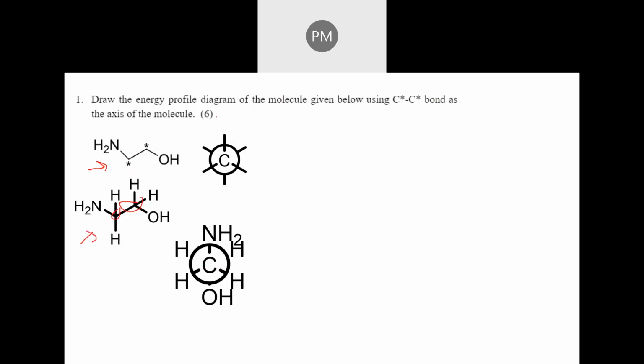In our molecule, NH2 will be above, and two hydrogens will be here. And this will be OH, it will be lower, and two hydrogens are here.